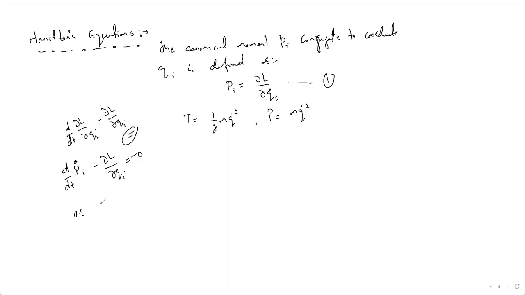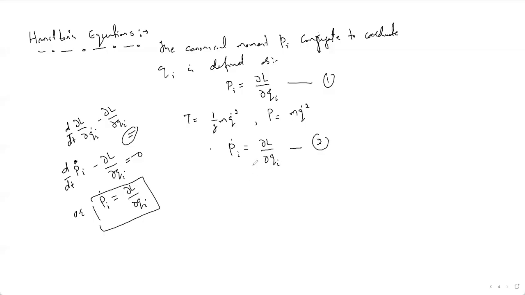That means the derivative of pi, pi dot, will be equal to partial L by partial qi. So from this definition and the Lagrangian equations of motion, p dot i equals partial L by partial qi. You just name this as equation 2.